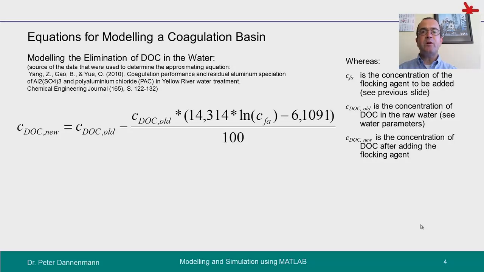A logarithmic correlation between the concentration of the flocking agent in the water and the DOC reduction has been found out empirically. The formula shown on this slide approximates this result. Again, all concentrations are given in milligrams per liter.